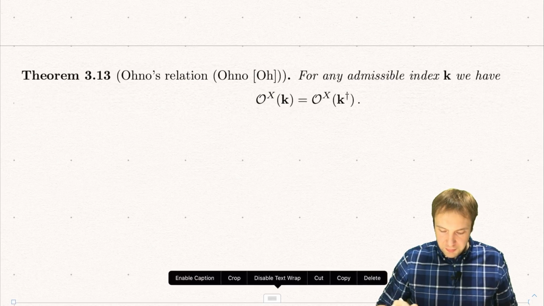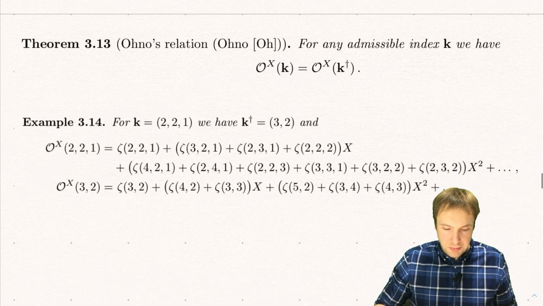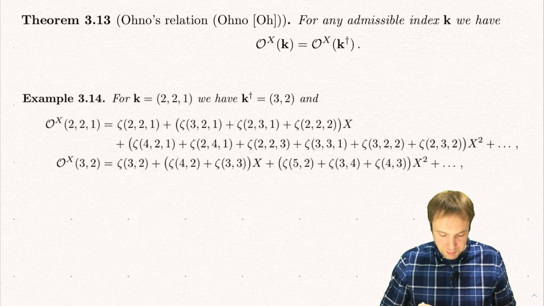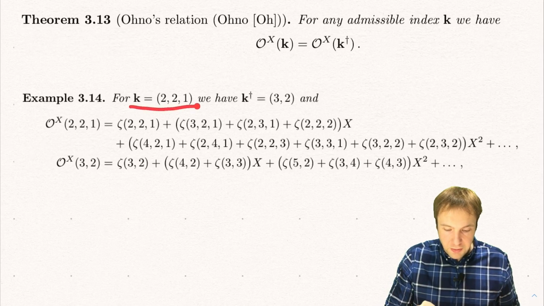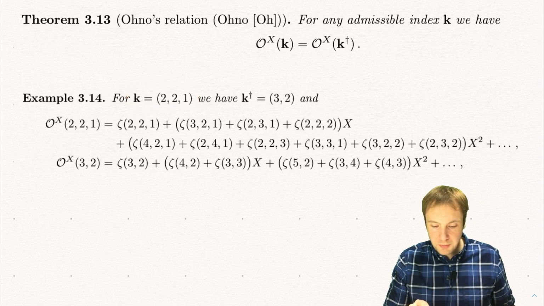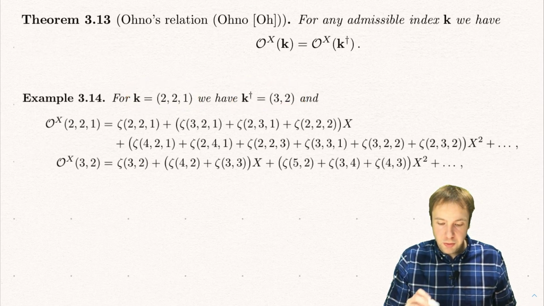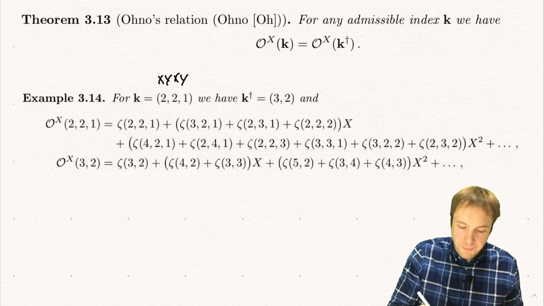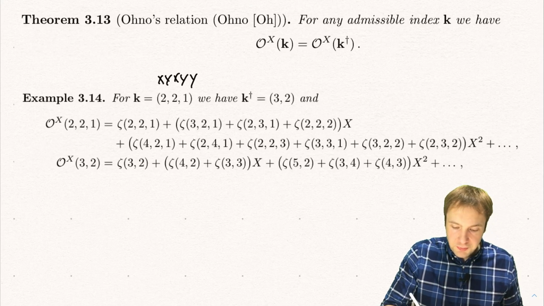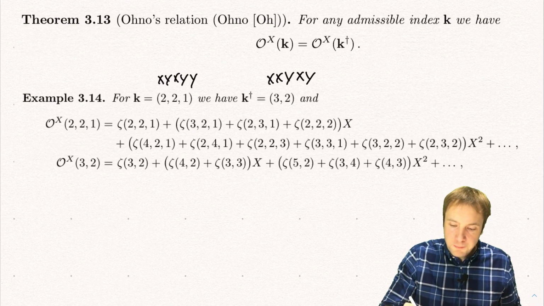And so let's do another example here. So this is example number pi. For example, if I have this index 2, 1, then the dual index is 3, 2, because 2, 1 is x, y, x, y, y, and then changing this is x, x, y, x, y.